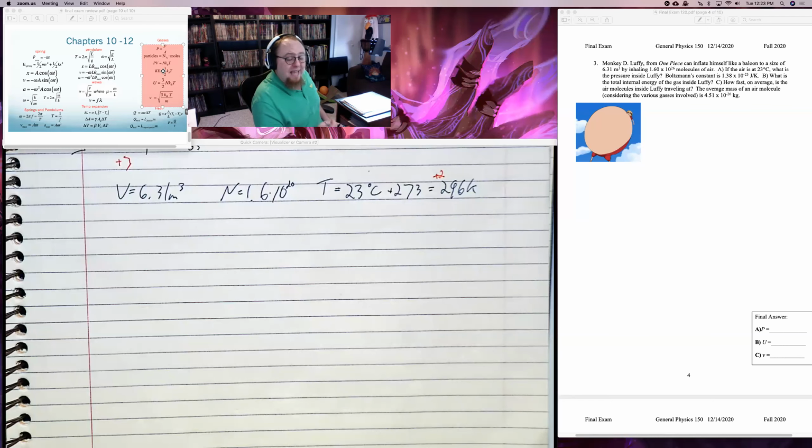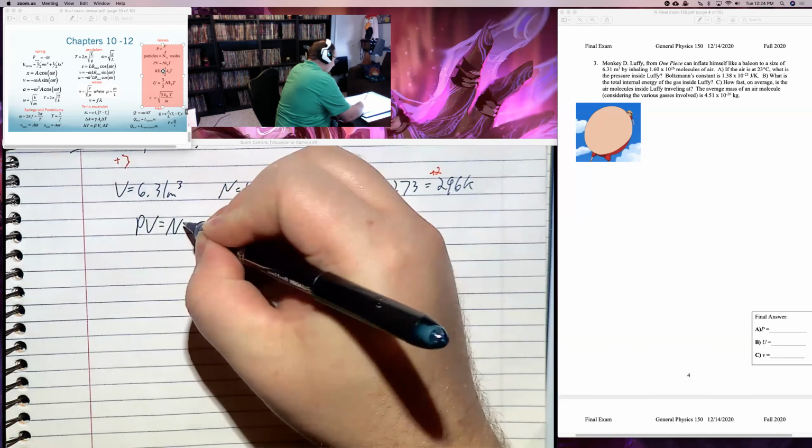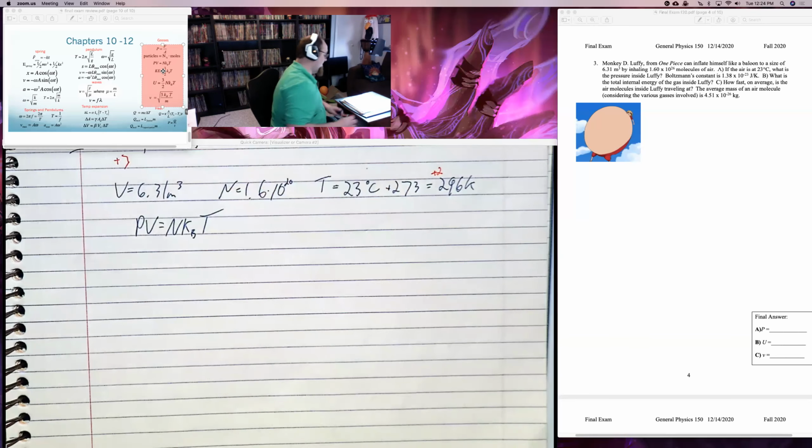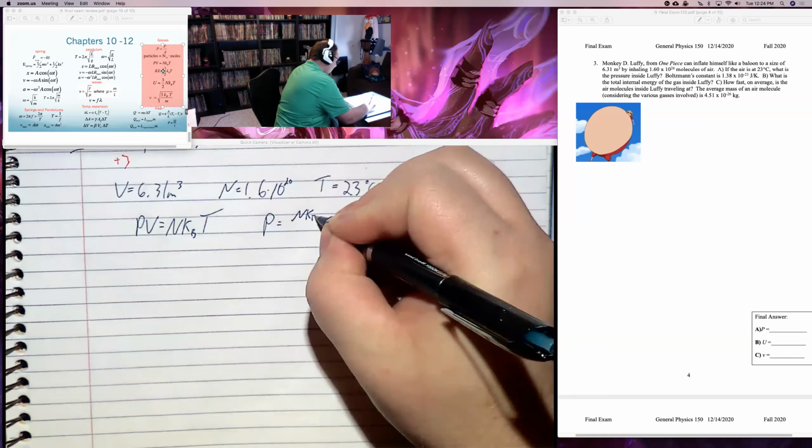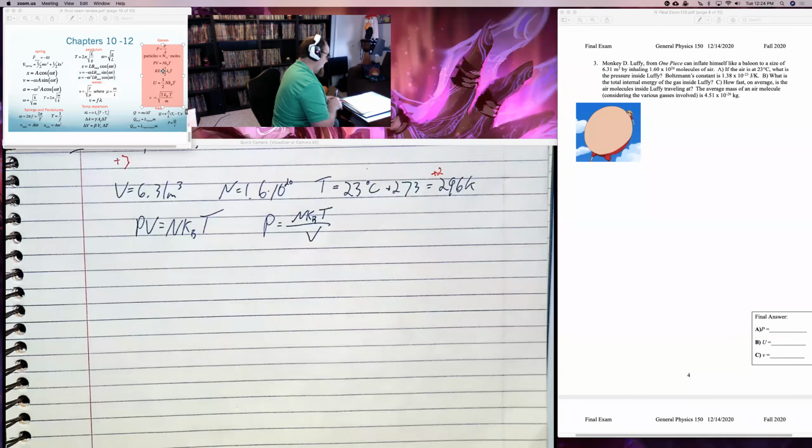If I give a problem with gases for the third one, ideal gas law will show up. The ideal gas law states PV equals NKT. If I want to solve for the pressure, that just means I'm solving for P. That P equals NKT over V. Well, 5 points.